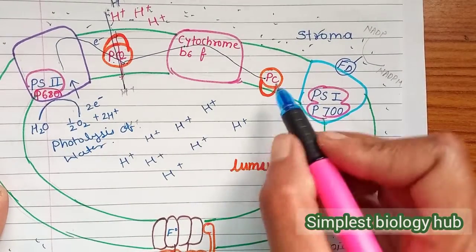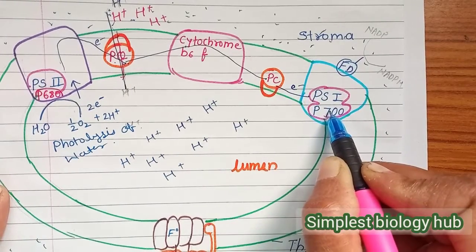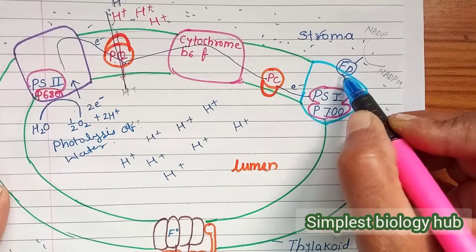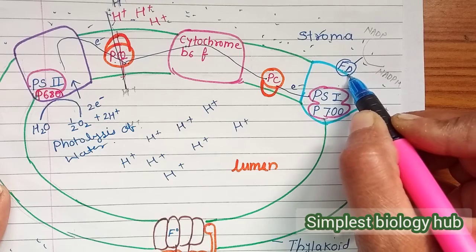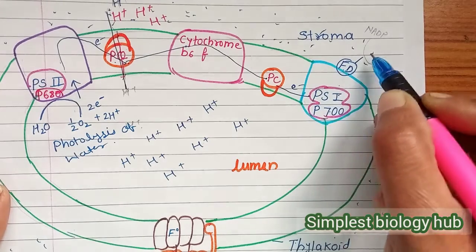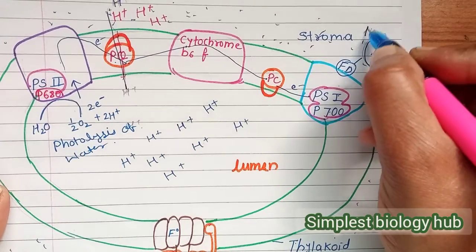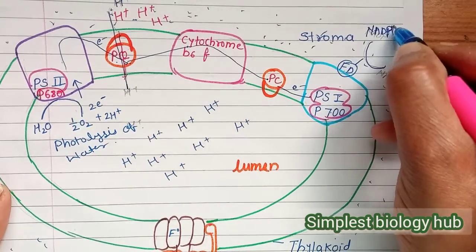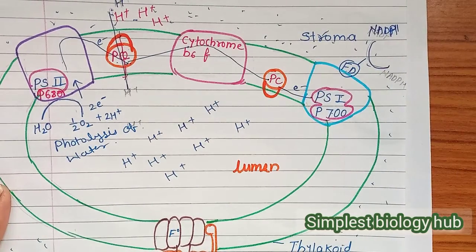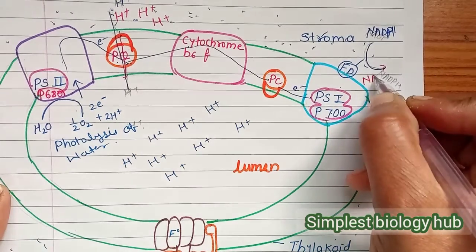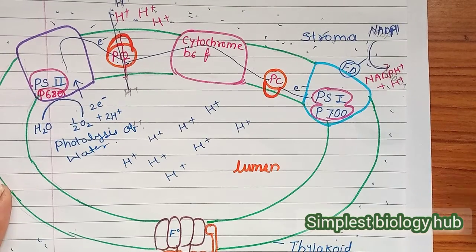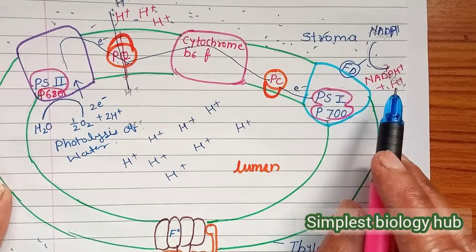When plastocyanin moves the electron towards photosystem 1, the photosystem 1 particles arranged outside the membrane are the ferredoxin and ferredoxin reducing substance, as well as NADP reductase. And NADP reductase requires H plus ions for the formation of NADPH plus H plus. So these also take the hydrogen ion from the stroma region of the chloroplast.